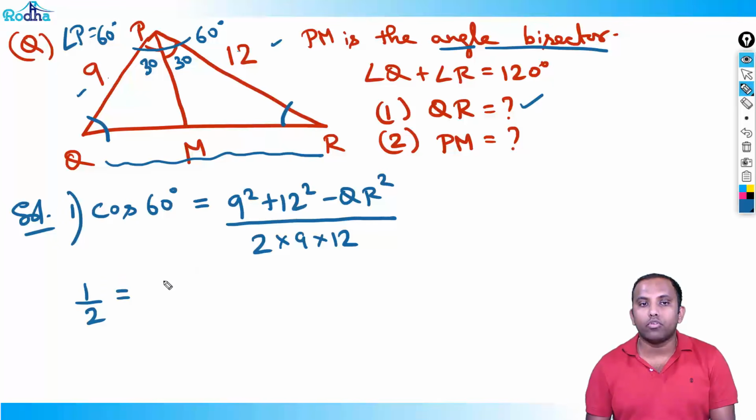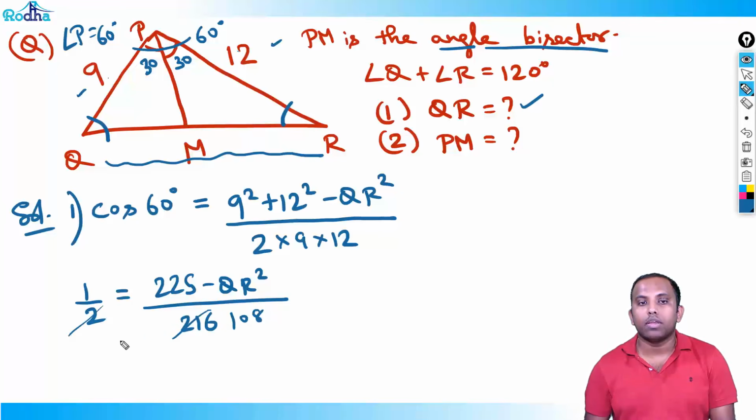So 81 plus 144, 225, minus QR square, by 216. So this will be 108. QR square is equal to 117, that is 13 into 9, right?